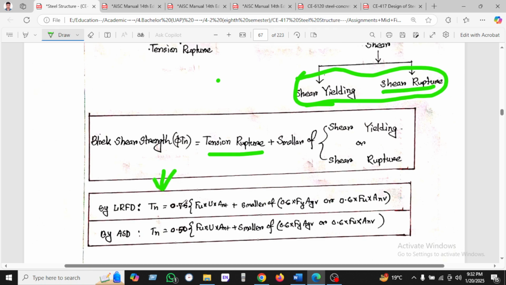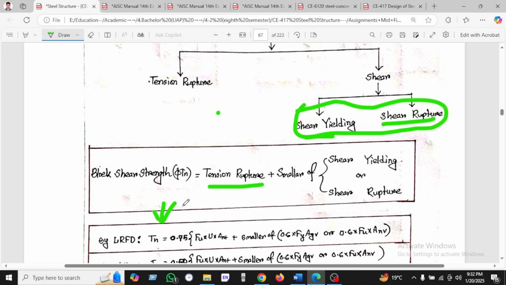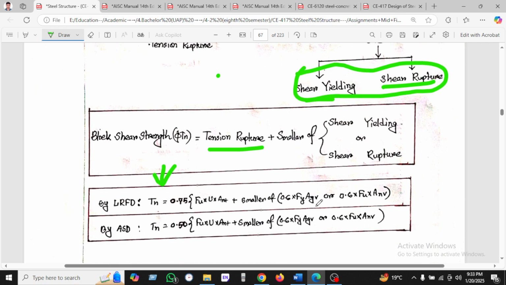If we write it in a formula, then by LRFD, Rn equals 0.75 Fu Ant, which is called tension rupture, plus the smaller portion of shear yielding, which is 0.60 Fy Agv, or shear rupture, 0.60 Fu Anv.